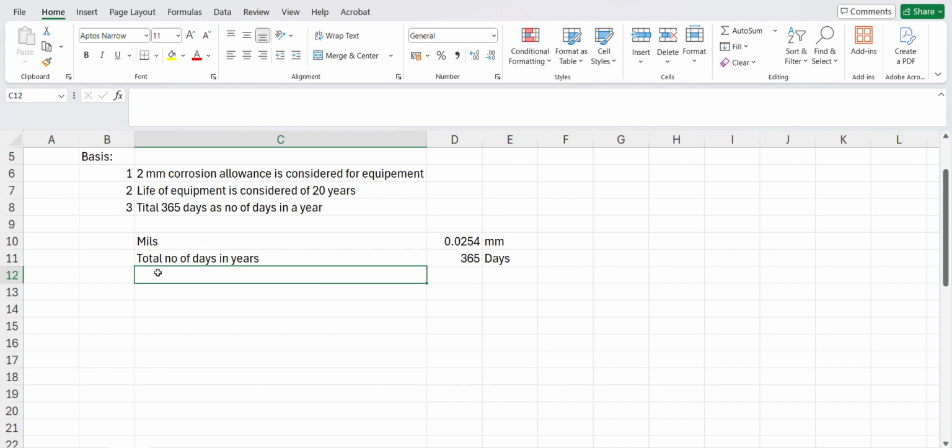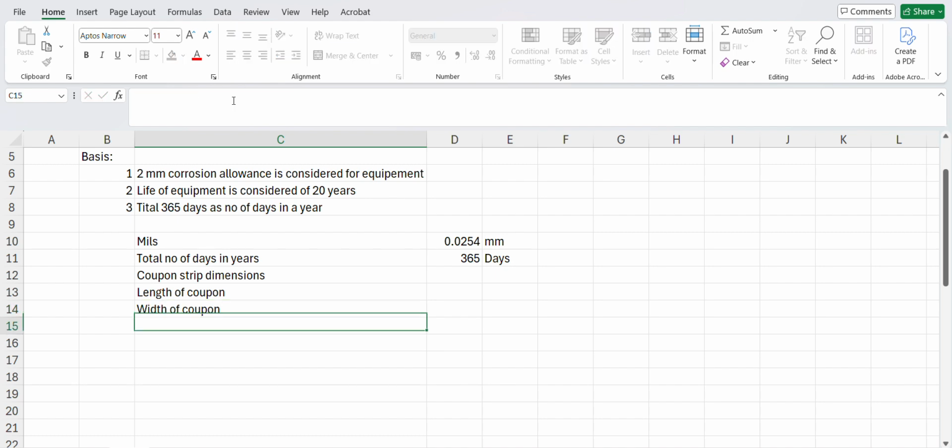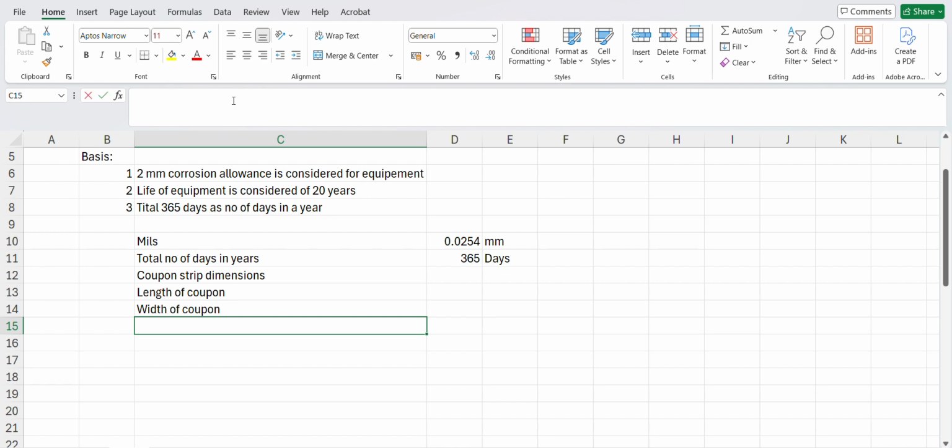We have selected a strip coupon. Flat coupon dimensions: length of coupon, width of coupon, and height of coupon, as we have selected a flat strip.